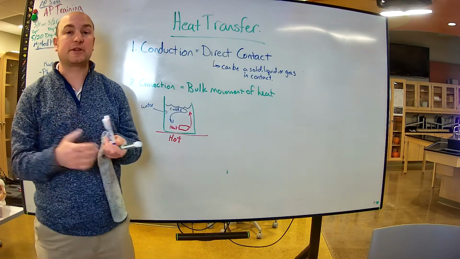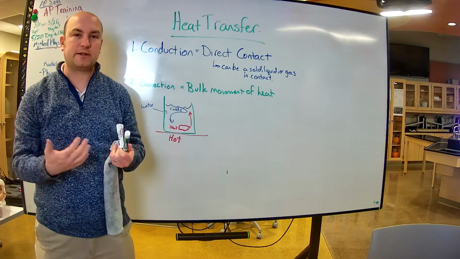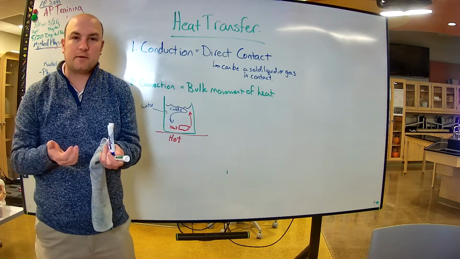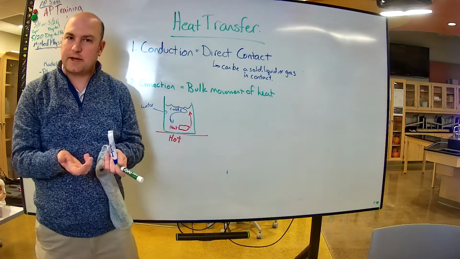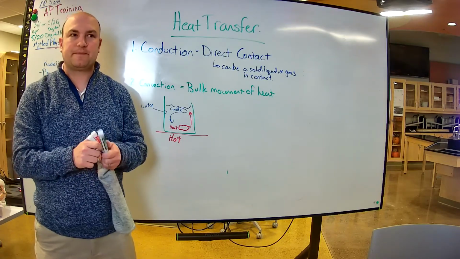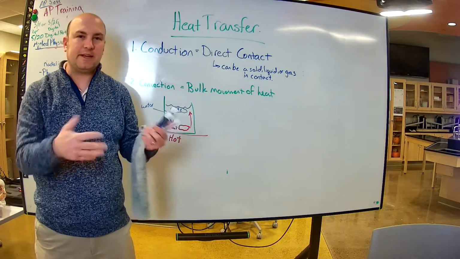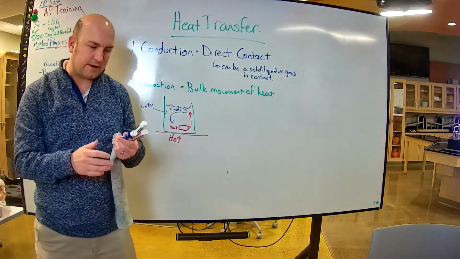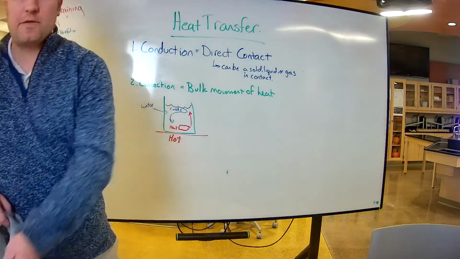That's the bulk movement. If you had a hot potato and you threw it across the room, in a way it's convection, because the hot object is moving, but the heat's still in the potato, so we don't really think about it as much. So those are the two that we have covered so far.